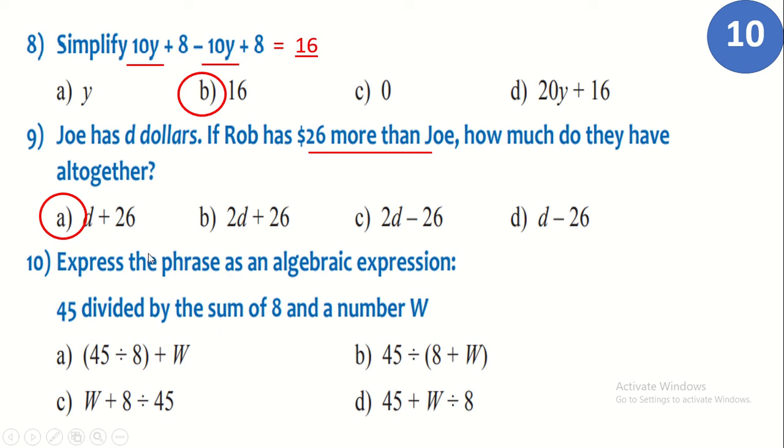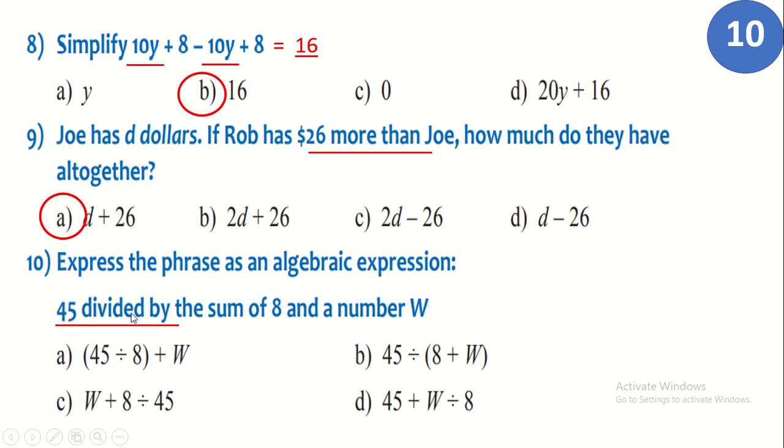And then for number 10, students, express the phrase as an algebraic expression: 45 divided by the sum of 8 and a number W. What are the keywords here? You have divided by.